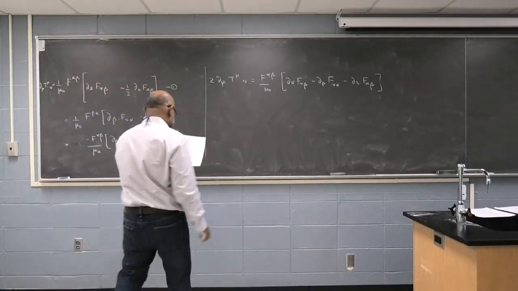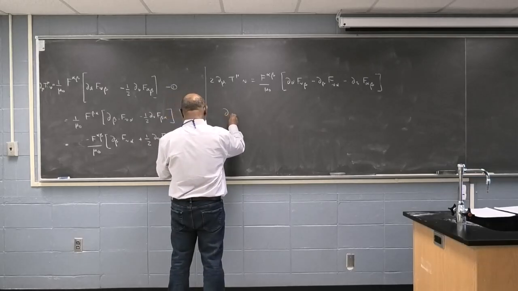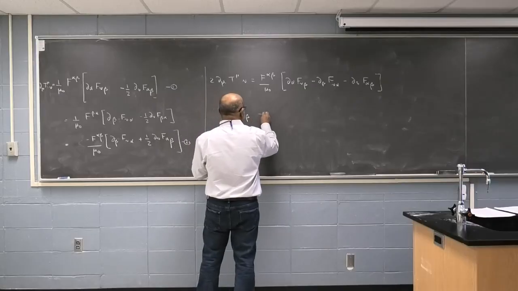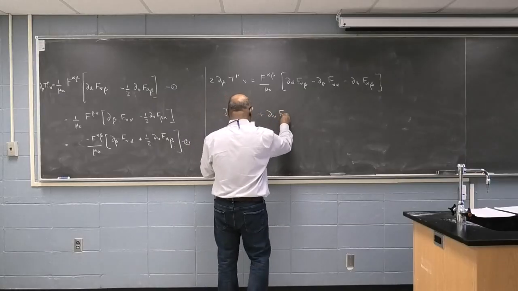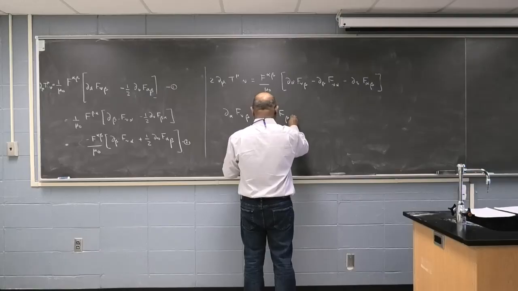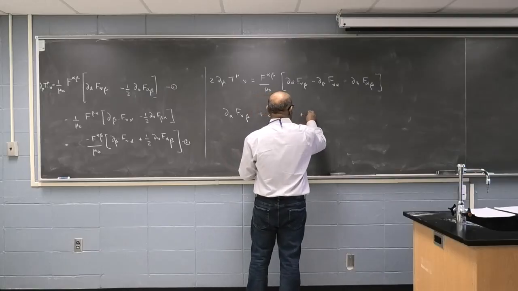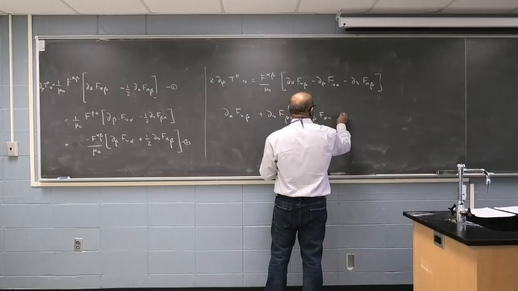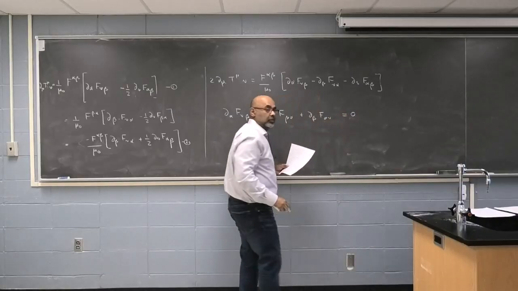So very quickly, but recall, I have this to be true: f nu beta plus d nu f beta alpha plus d beta f alpha nu is equal to 0.